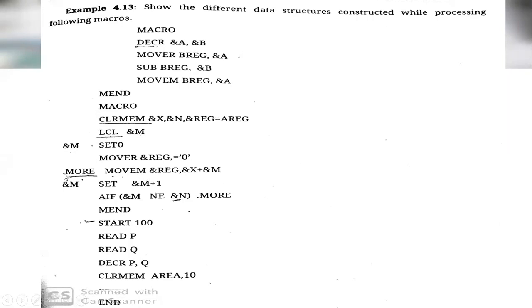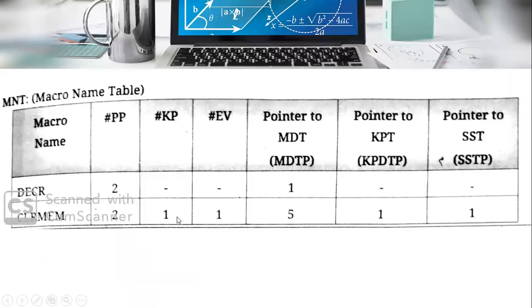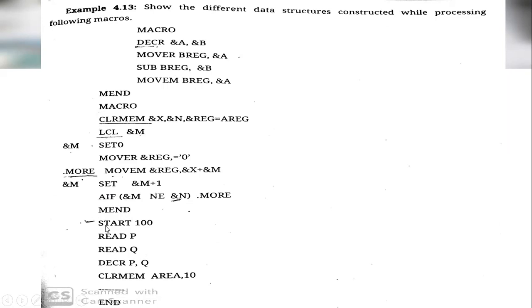Okay, it is also one of the expansion variables that can be used at this location. Okay, now the second macro will end at this position. Okay, here an AIF statement is given, and the dot MORE statement can be identified at this location. Next thing is, we can start our program at this 100 position, READ P, READ Q, that is the actual parameter.